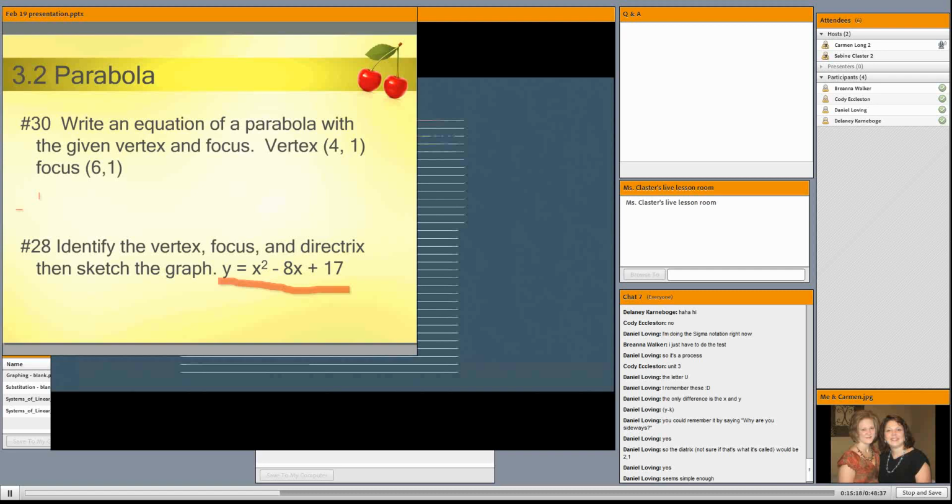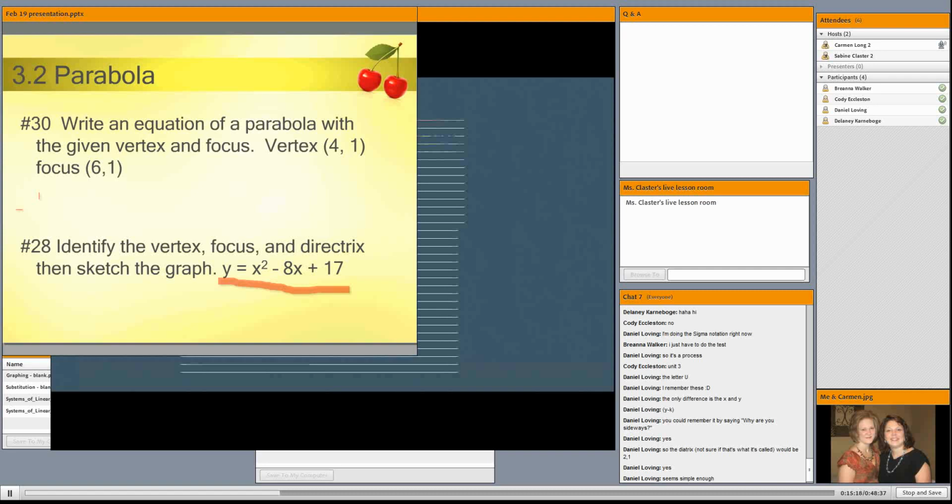It's going to open up because the x is the variable that is squared, and we know that there's a positive number here, so this parabola, when we go to graph it, is going to point upward. If the y was squared, then we would know it was left or right. But since the x is squared, we know it's going to open up or down.